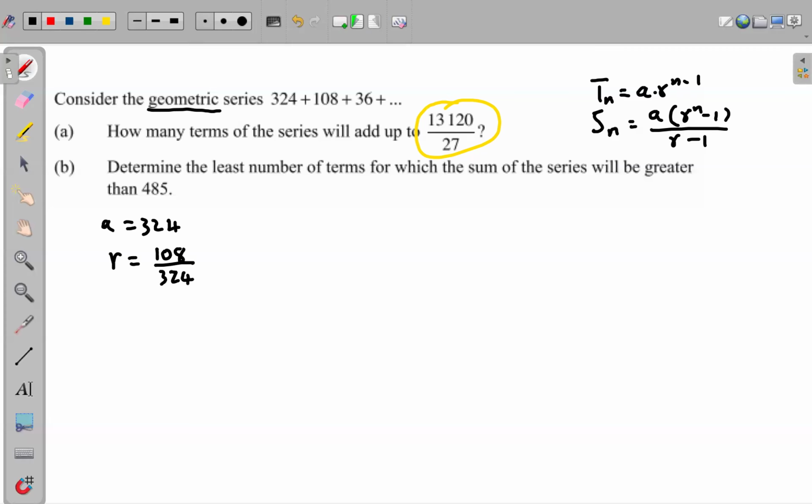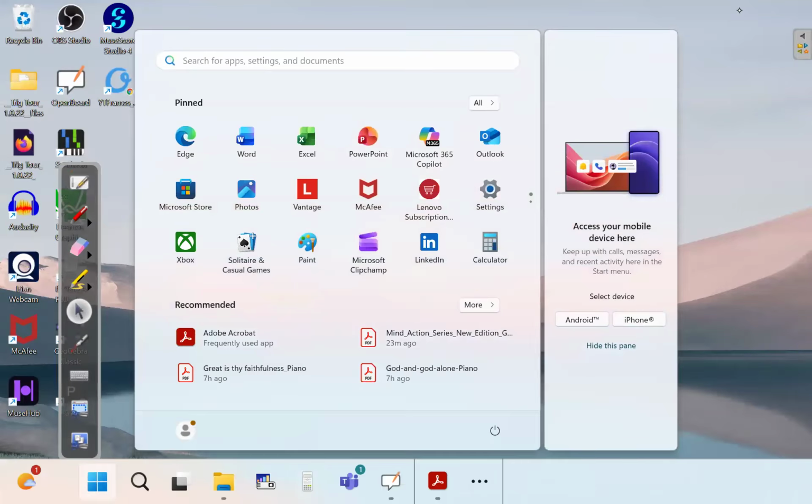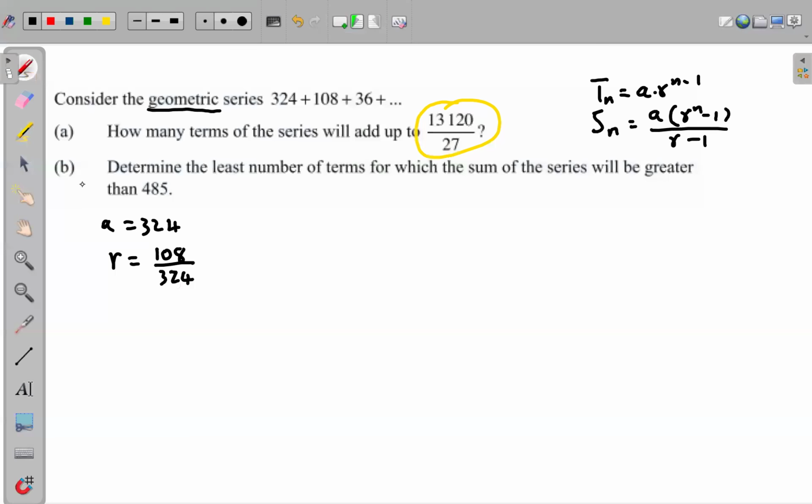I know you're going to think I'm insulting your intelligence, but if you have to punch in 108 divided by 324, so be it. You don't want to lose marks over silly things. So we get a third. That's the value of our ratio, the constant ratio. Surely, if you multiply 108 by 1 over 3, you must get 36.